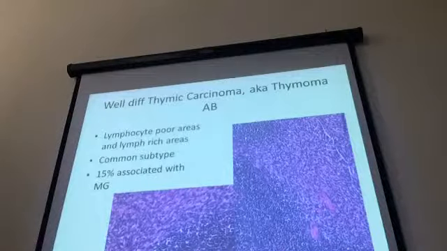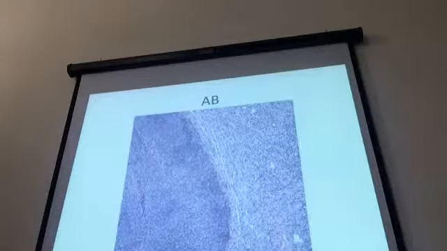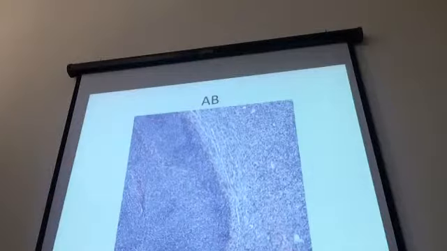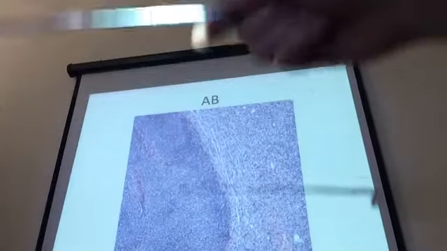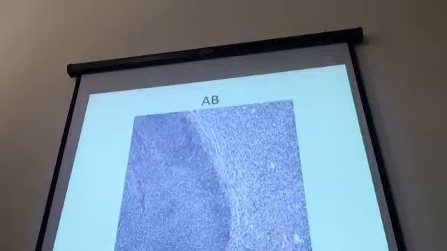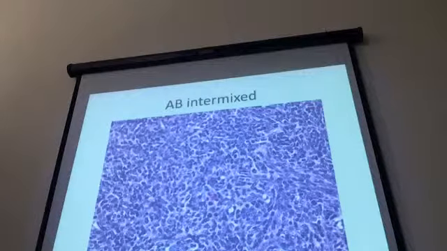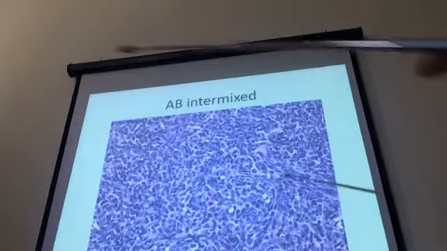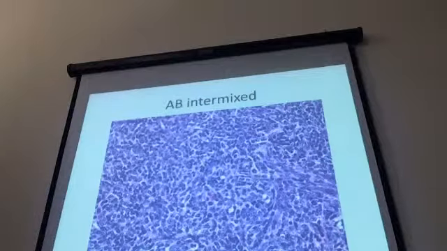This is fairly common. Here's another image, lymphocyte poor, lymphocyte rich. Sometimes these will be a little more intermixed, a little bit more difficult to differentiate, but you should be able to readily see the spindle or epithelioid cells in this type.